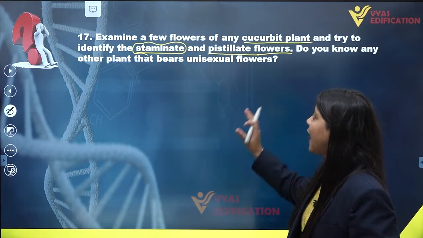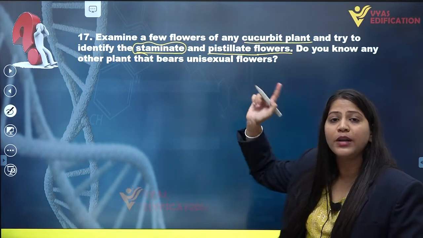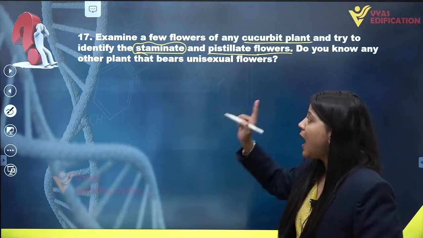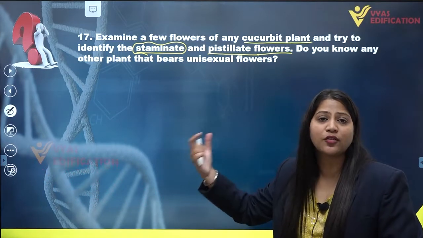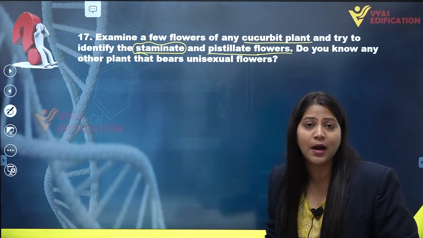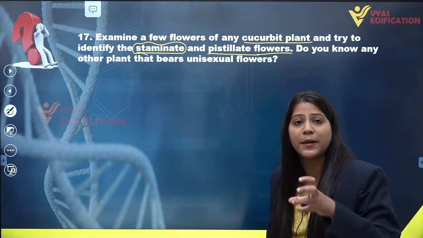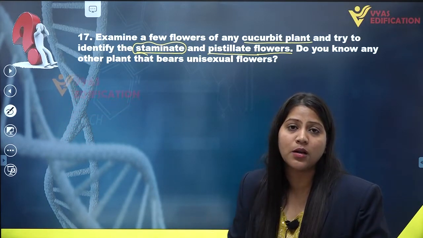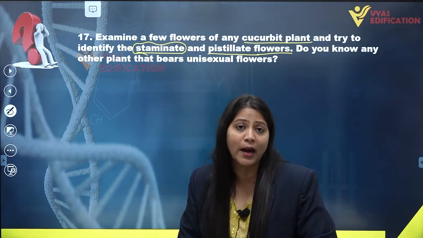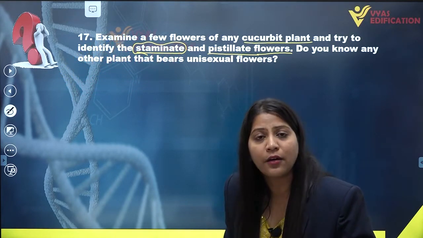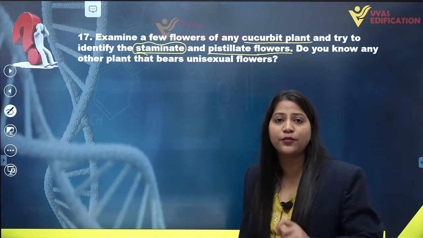So it is clear that the cucurbita plant has only unisexual flowers. If the flower bears brightly colored yellow petals along with stamen, it is said to be a staminate flower.